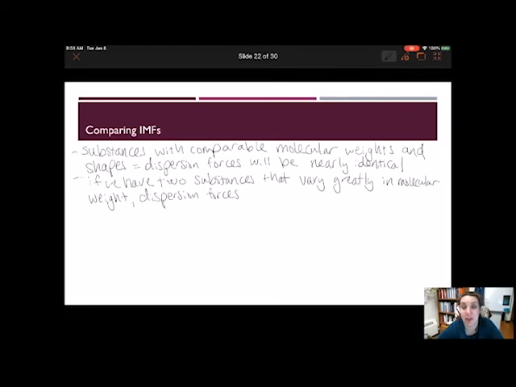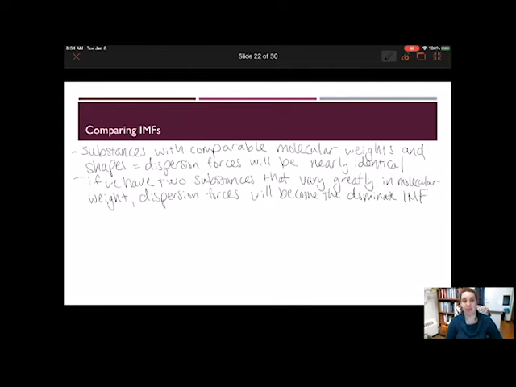So dispersion forces will become the dominant intermolecular attraction.